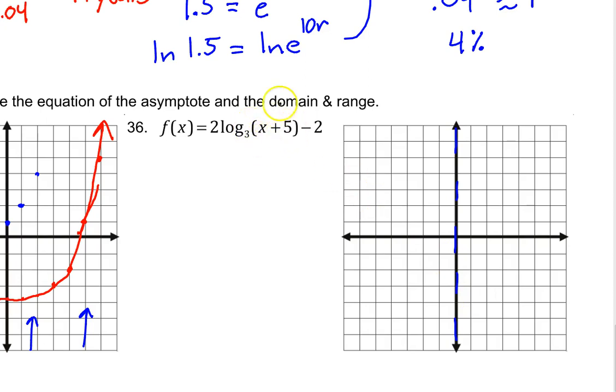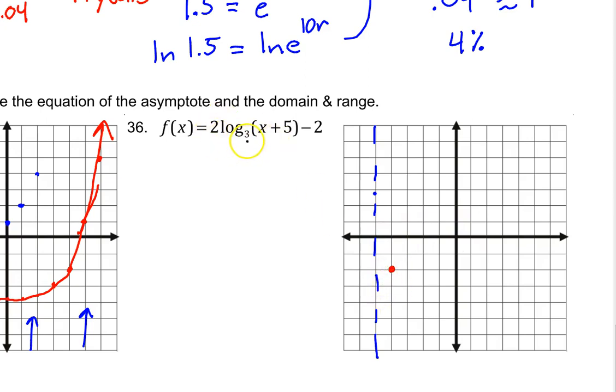But in this case, we have a +5, so it's going to be translated 5 to the left. So we're going to look at 1, 2, 3, 4, -5 here for our asymptote. And the graph is also moved down 2. So instead of starting just right here at 0, 1, right, we're going to go down 2 as well.